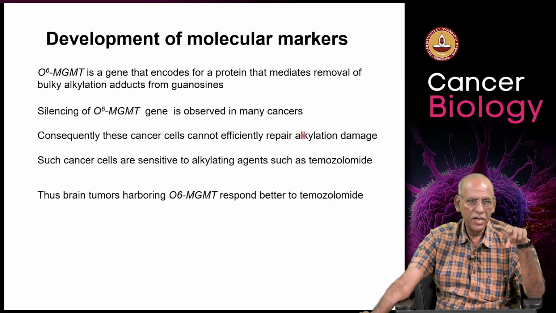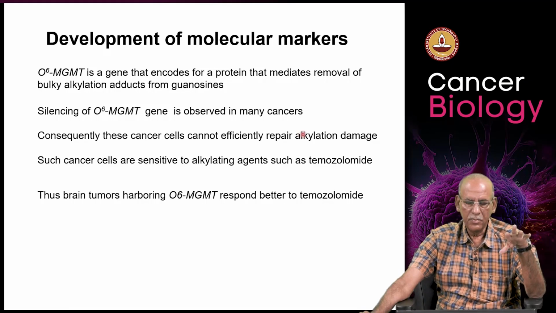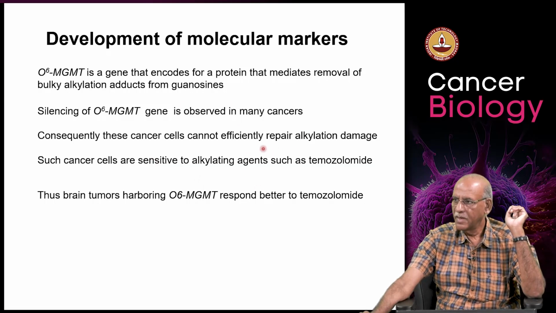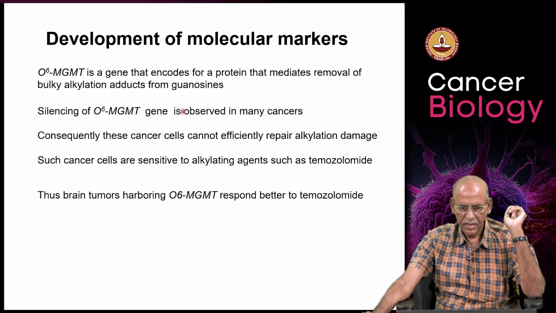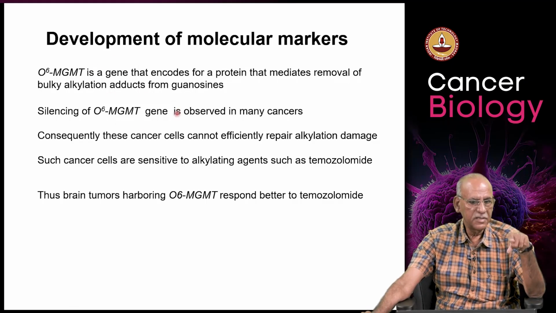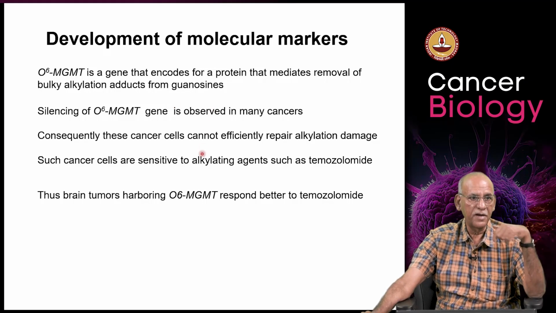When we talk about DNA damage, DNA repair, we will talk about this. So, such cancer cells are sensitive to alkylating agents. Actually, if you have this defect, then what happens? The cells are actually sensitive to drug.